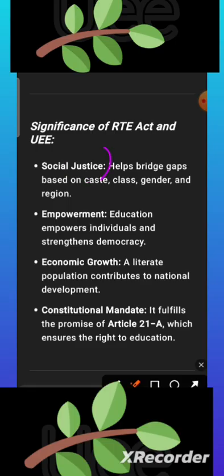Significance. Social justice: helps bridge gaps based on caste, class, gender and region. Empowerment: education empowers individuals and strengthens democracy. Economic growth: a literate population contributes to national development. Constitutional mandate: it fulfills the promise of Article 21A, which ensures the right to education.